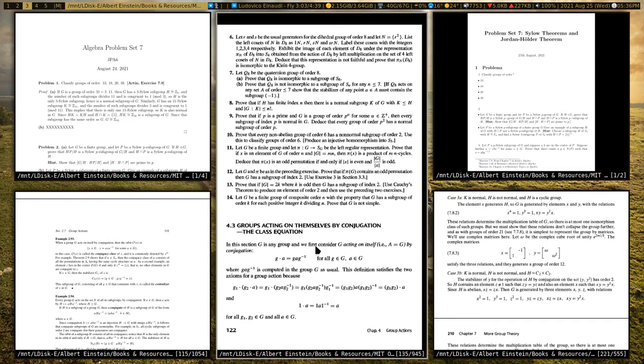So, yeah, 18 is 2 times 3 squared, of course. So we have a Sylow 2 subgroup. We have at least one Sylow 2 subgroup and two Sylow 3 subgroups, something like that. Right?